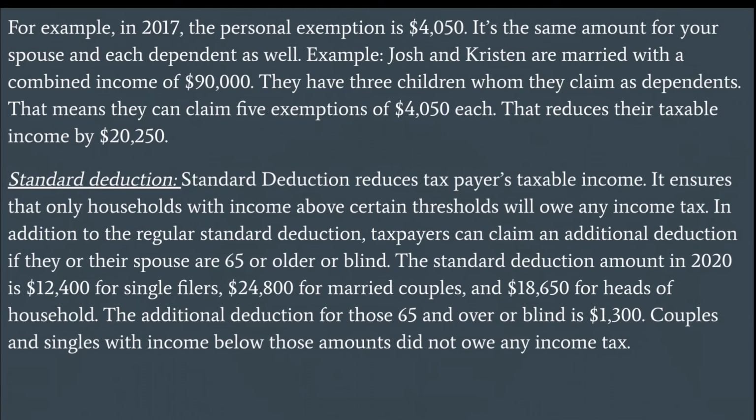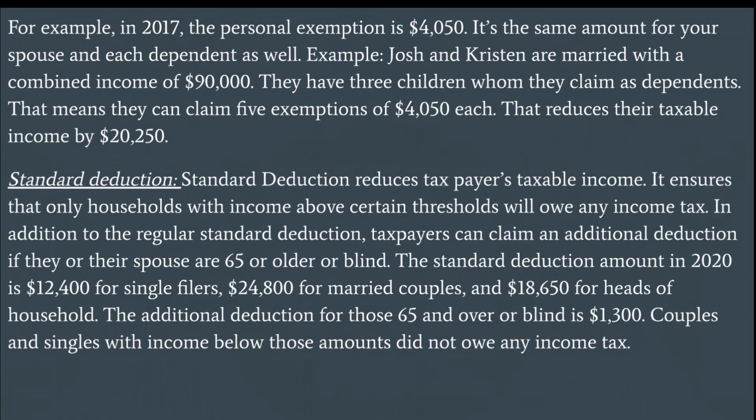Standard deduction. Standard deduction reduces taxpayers' taxable income. It ensures that only households with income above certain thresholds will owe any income tax. In addition to the regular standard deduction, taxpayers can claim an additional deduction if they or their spouse are 65 or older or blind.